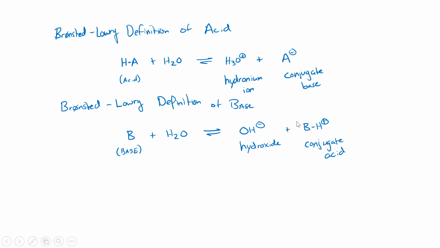And think about this, if you reacted this compound with water, what's going to happen? It's going to give up that H plus and make a hydronium ion. But that's not what's happening here because we're under basic conditions, and so we're creating OH minus and whatever our conjugate acid is. So these things are the key, right?